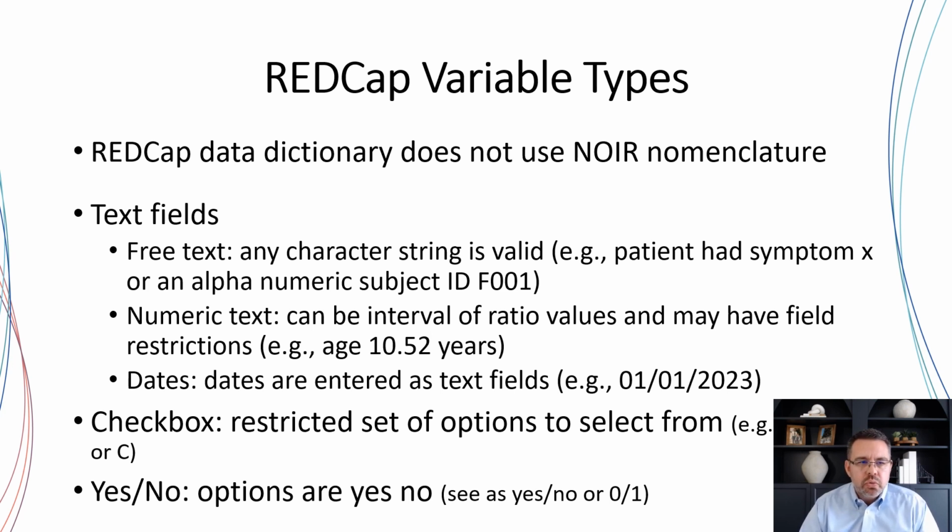Instead, they use text fields, checkbox, drop-down, other types of variable attribute names. But of course, anything other than free text can be mapped directly back to this, again, Noir nomenclature, which is very helpful, I think, in thinking about the type of data you're actually going to get from a given variable, right?